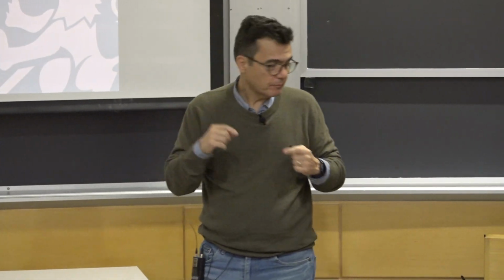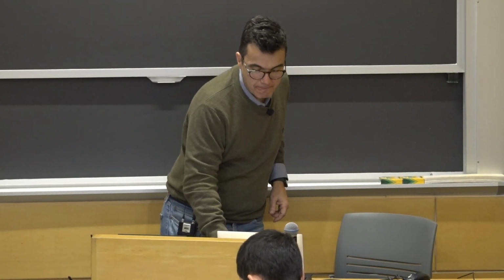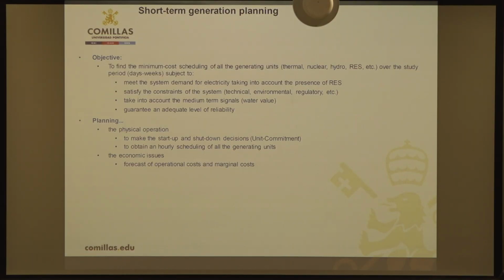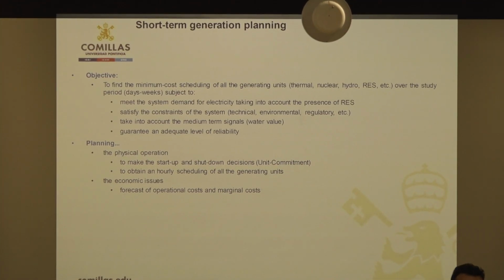So before doing that, a few words. What is the unit commitment? Well, the unit commitment is a classical problem in power systems operations related to short-term planning. Unit commitment means that you need to decide which units to start up and which units to shut down. Why? Because producing electricity is not something that you can just do as you want.